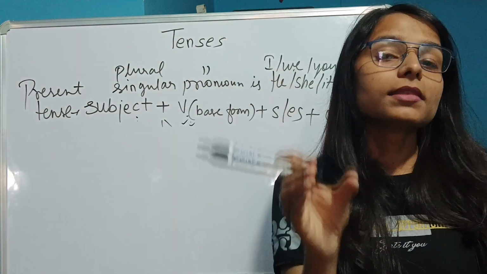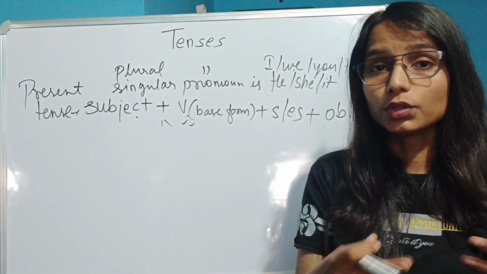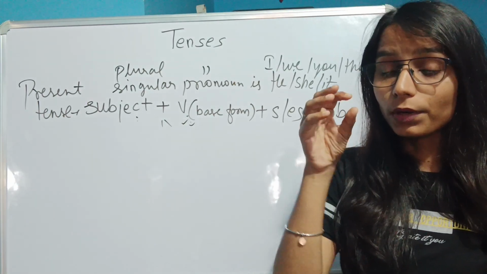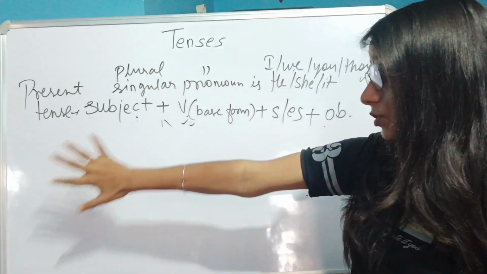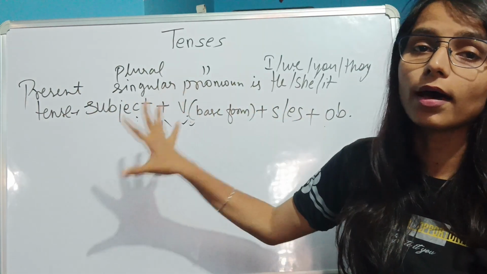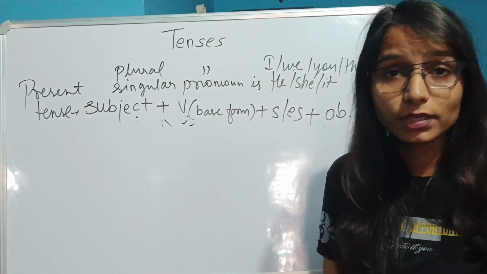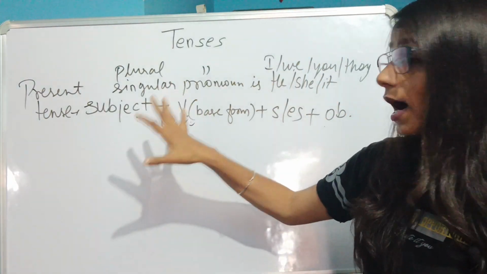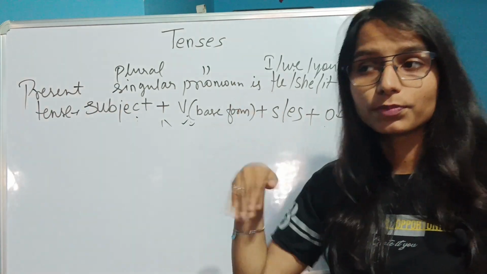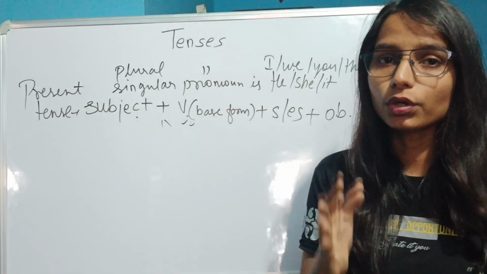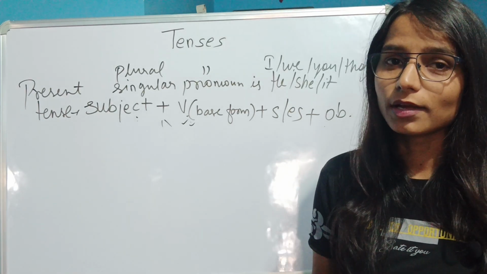And in this exercise, the way you do it in the comment section, I'll get to know in which part of creating the sentences you are having the problem. So I will make sure in the second part that the doubt will be sorted out.